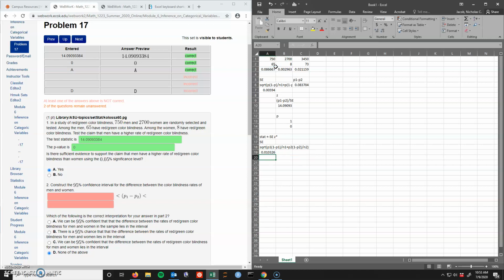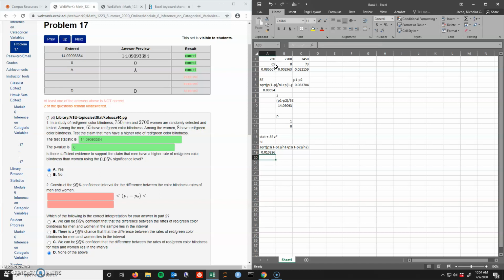So it does come out to be quite a different standard error if you look at it. Quite a different standard error. So that becomes important. This is our standard error when we already know that they are different.